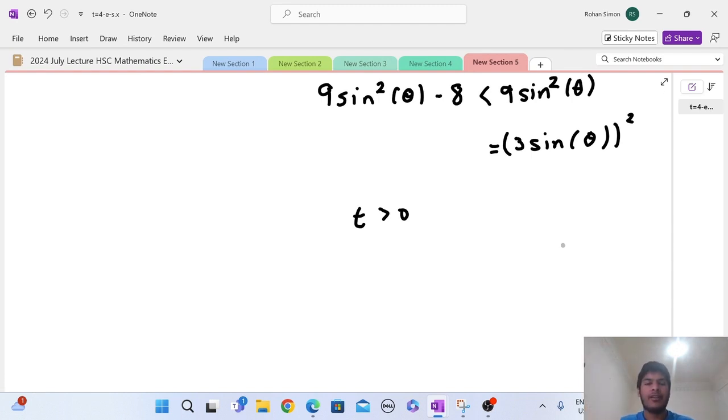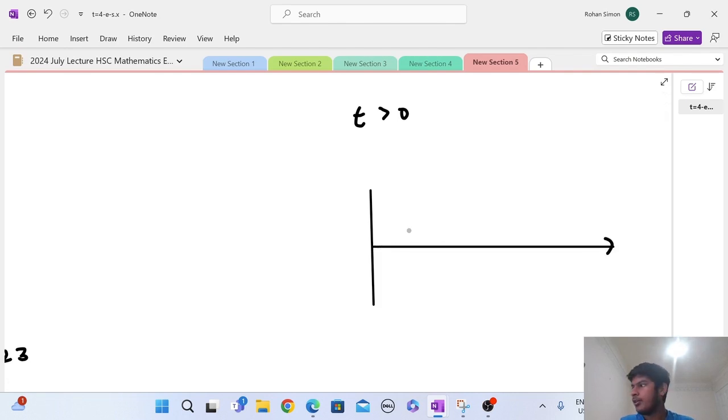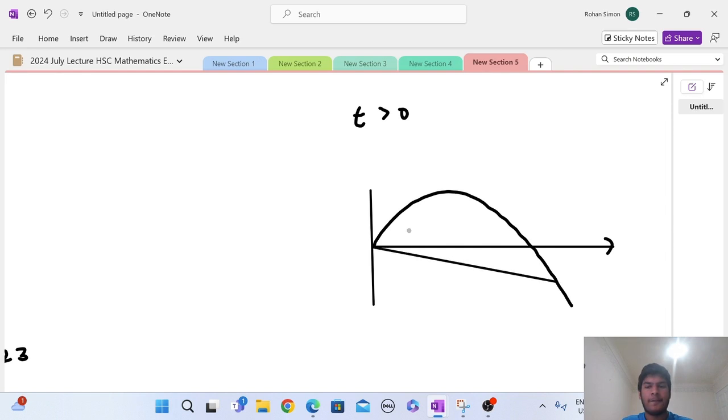But if you think about the path of the projectile, this is the path, and our position vector is going to be something like that, right? That's r of t. And our velocity vector is going to be parallel to the path, or tangent to the path, r dot of t.